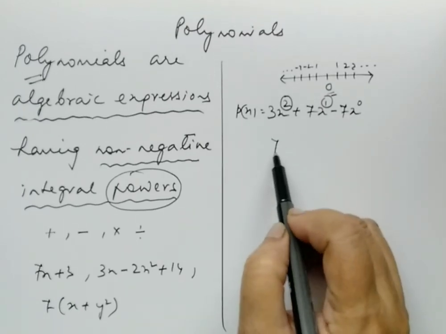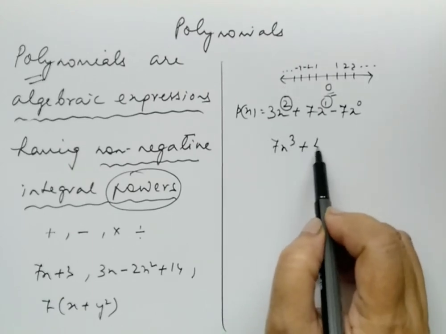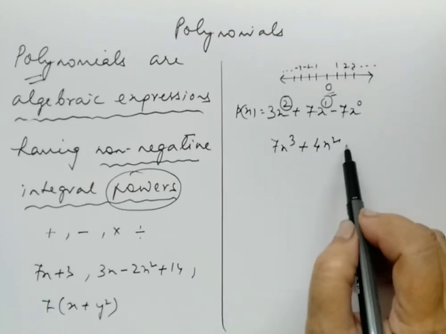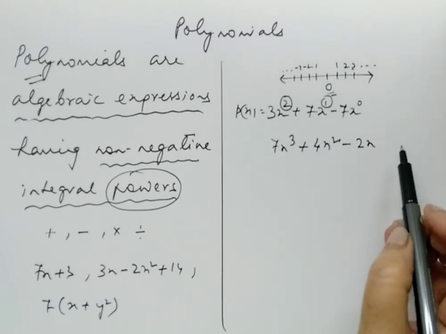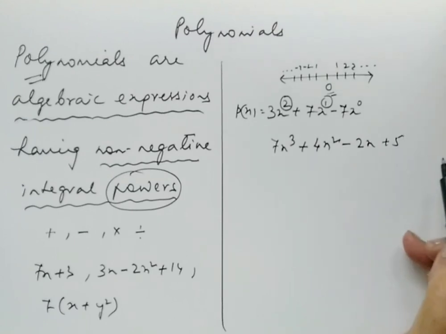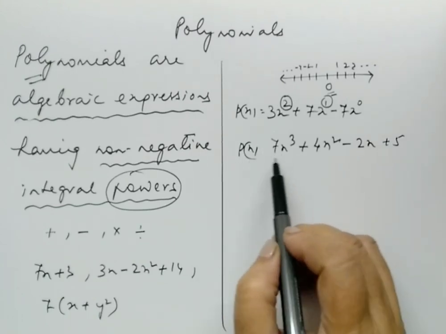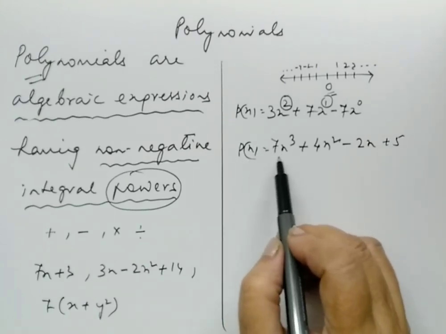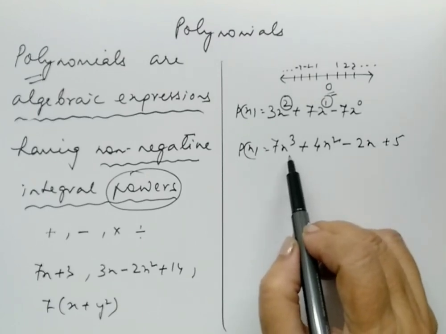For example, if we have 7x cube plus 4x square minus 2x plus 5, this is another polynomial of one variable, x.